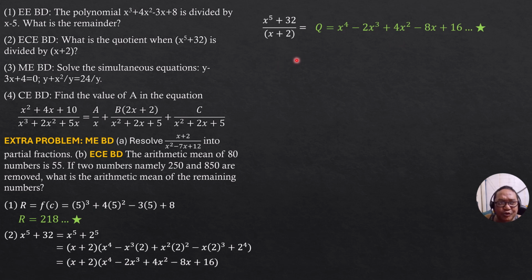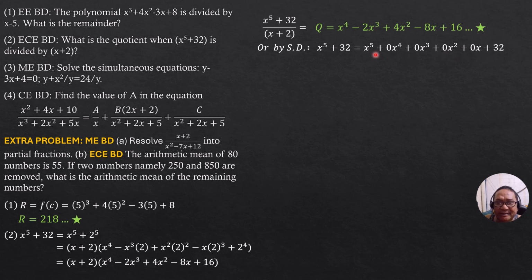Then another solution, by synthetic division. We arrange the dividend x to the fifth plus 32 into descending power of the variable x. So that is 1x to the fifth plus 0x to the fourth plus 0x cubed plus 0x squared plus 0x plus 32. It's already arranged.